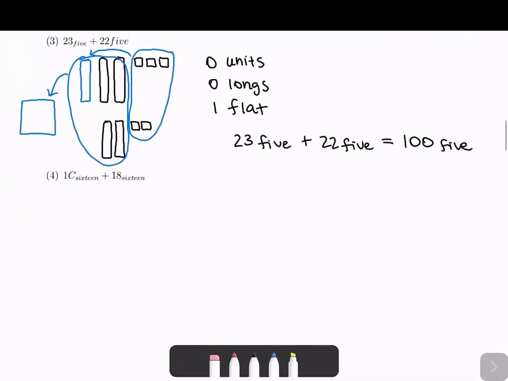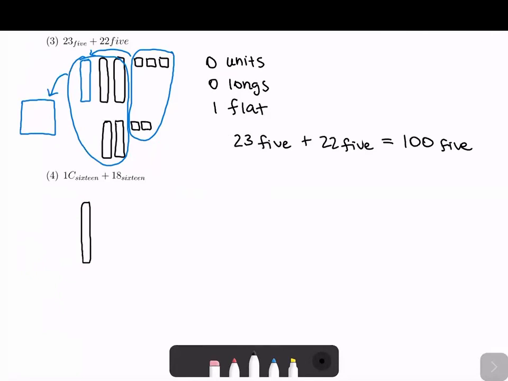Okay, so our last example of this is in base 16. So base 16, same as any other base. So we start off with our 1 long, and now we have C units. So remember that we have 0, 1, 2, 3, 4, 5, 6, 7, 8, 9, and 10 is A, 11 is B, and 12 is C. So that means that C represents 12.